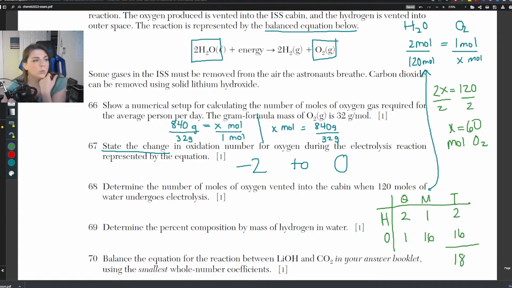This QMT chart works especially well when you're working with hydrates, because you get everything listed out in a beautiful table. So for the percent composition, I'm going to do hydrogen over water. That would be 2 over 18, and because it's a percent, I have to multiply it by 100. 2 out of 18 is going to give me 11%. It's 11.11.